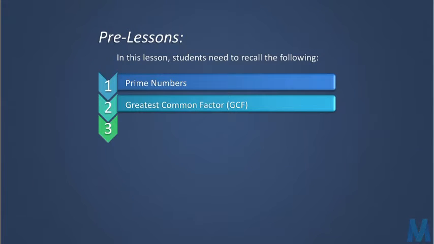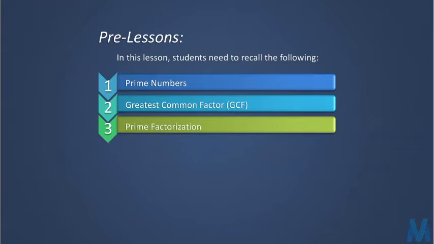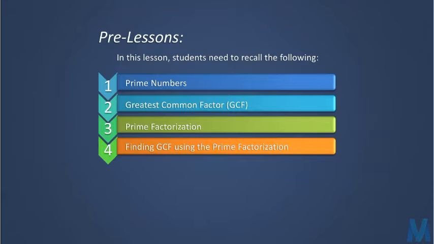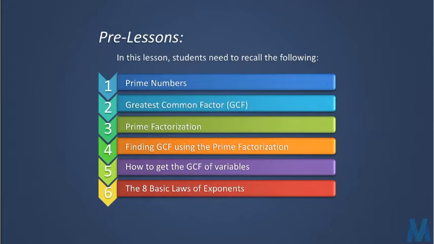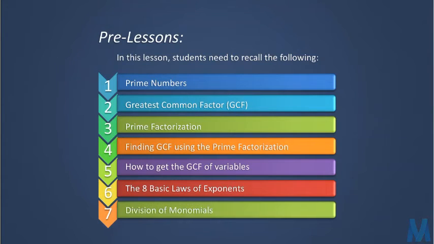Number 3 is the prime factorization. Then we have finding GCF using prime factorization. How to get the GCF of variables. The 8 basic laws of exponents. And division of monomials.